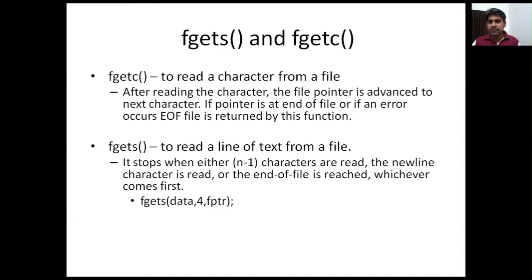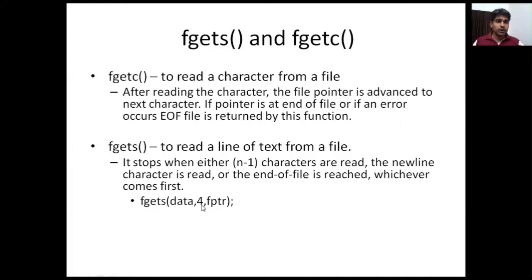And then there is fgets. It stops when either n-1 characters are read, the newline character is read, or the end of file is reached, whichever comes first. And this is the sample format or the syntax for fgets. So you will be giving fgets, this is the variable into which you need to read the data. And this 4 specifies the length of the string.